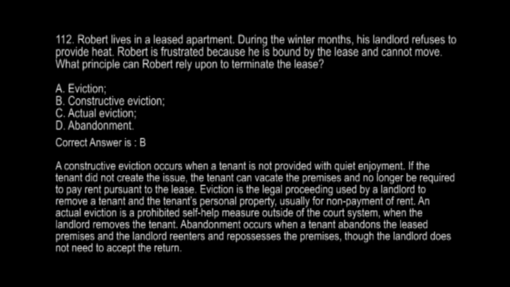An actual eviction is a prohibited self-help measure outside of the court system, when the landlord removes the tenant. Abandonment occurs when a tenant abandons the leased premises and the landlord re-enters and repossesses the premises, though the landlord does not need to accept the return.